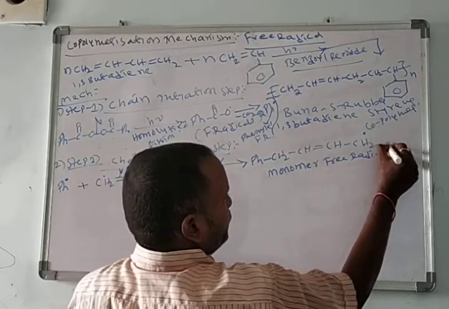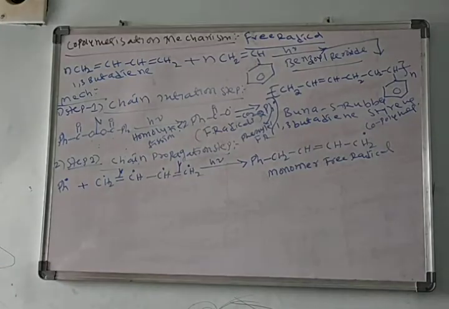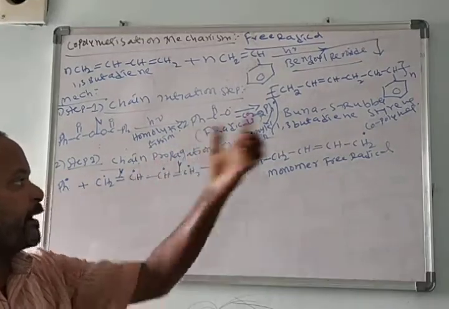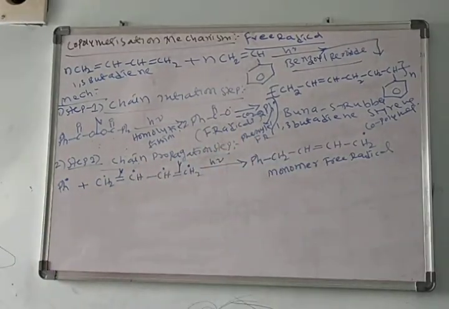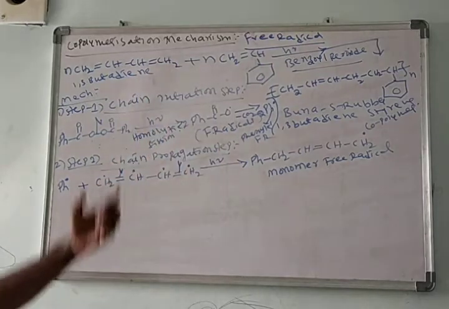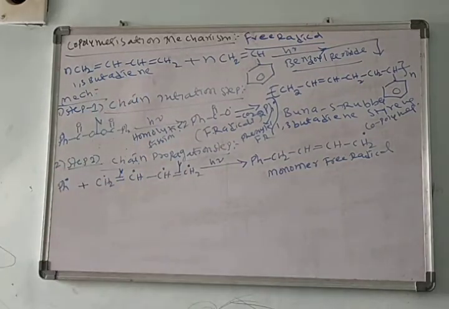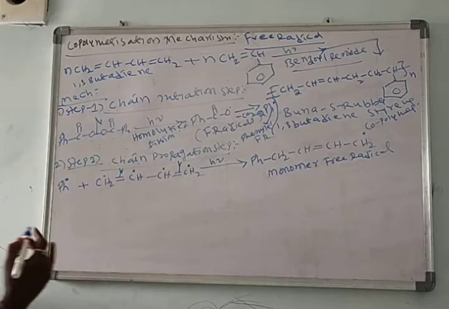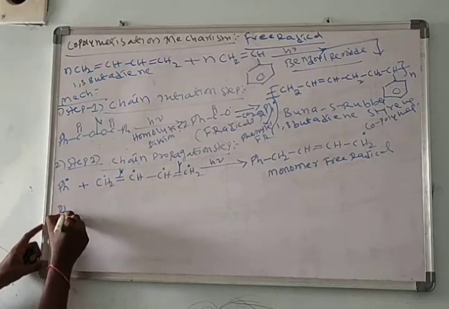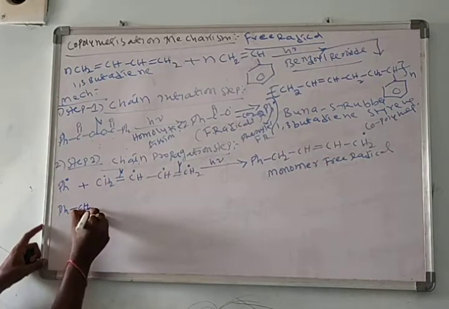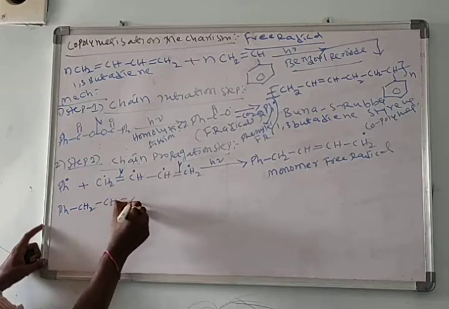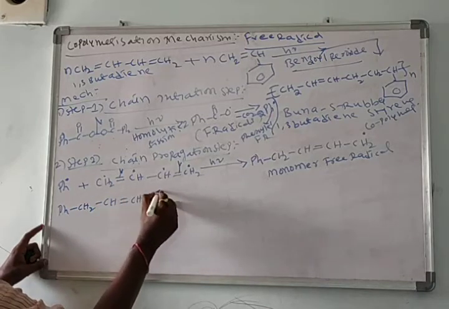This monomer free radical attacks another monomer in step 2: monomer free radical, double bond CH CH2 dot.